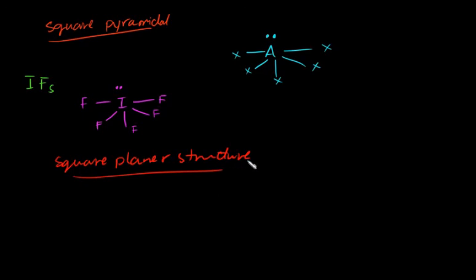It is surrounded by 4 atoms, and the center atom has 2 lone pairs instead of 1 lone pair. So let's write the center atom, which is A, then 4 atoms surrounding it, X, X, X, and X, and 2 lone pairs like this. So this is a square planar structure.